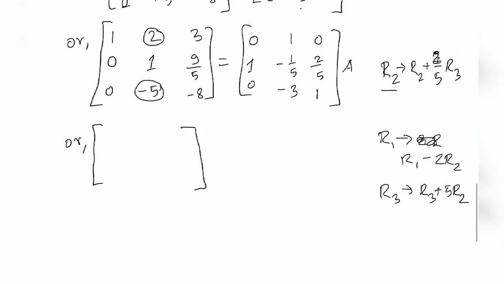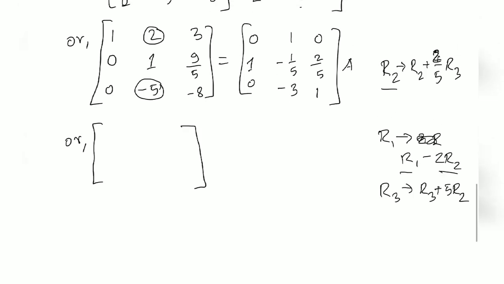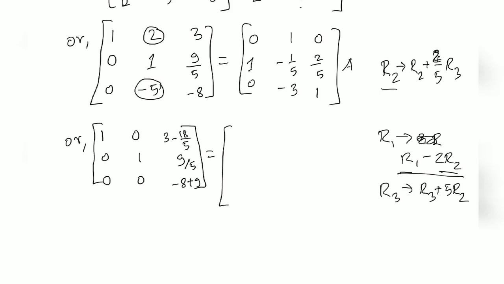So what we have here, R1 changes to R1 minus 2R2. So we have here 0, and 18 by 5, and R2 will have no change at all, and R3 changes to R3 plus 5 by 2 of R2.